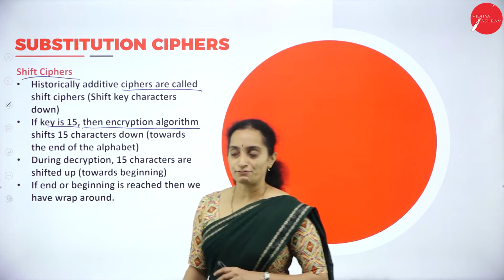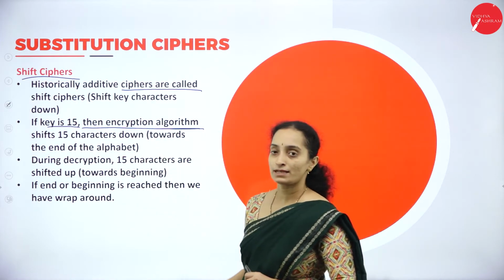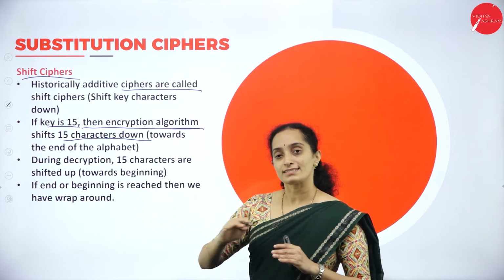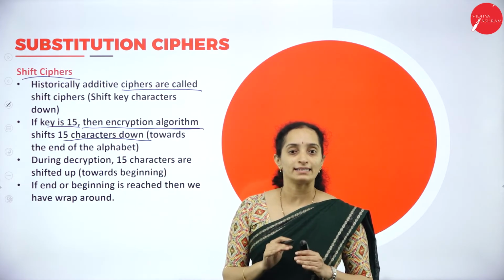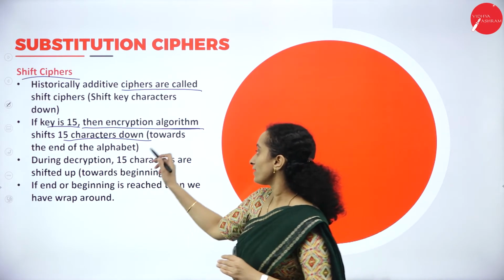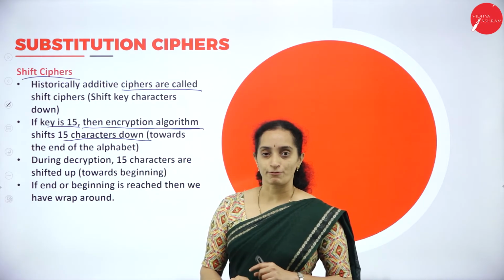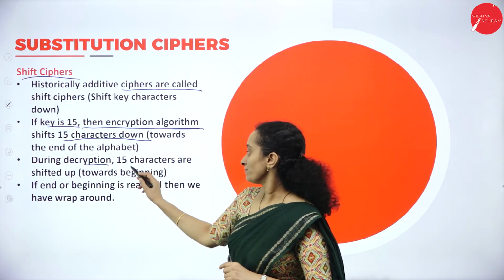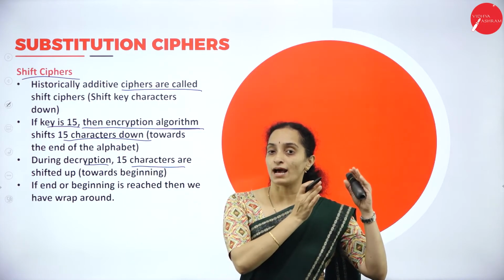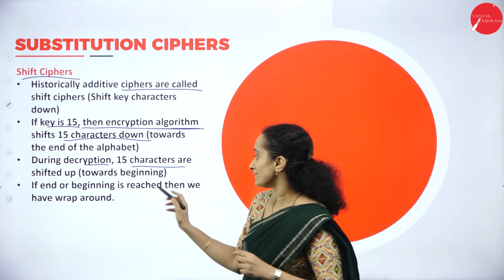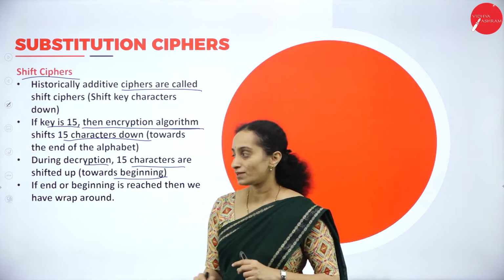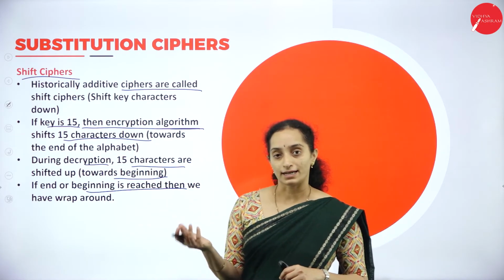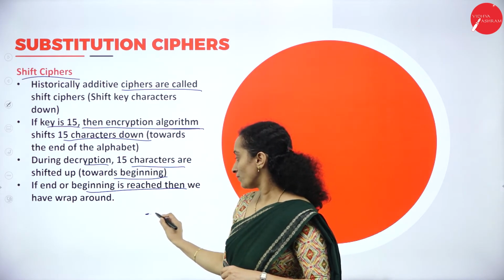Suppose the key is 15. The encryption algorithm shifts 15 characters down from the current character, towards the end of the alphabet. During decryption, 15 characters are shifted up, or backwards, towards the beginning. If the end is reached, after Z, what is the next character?